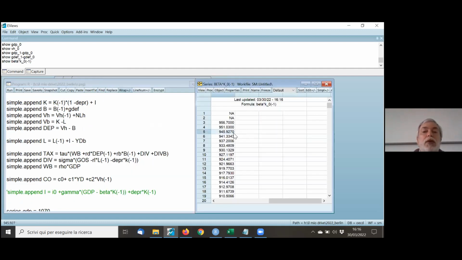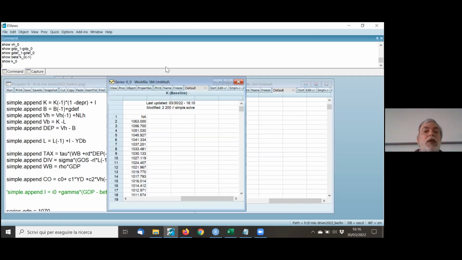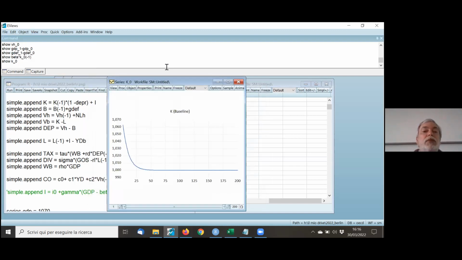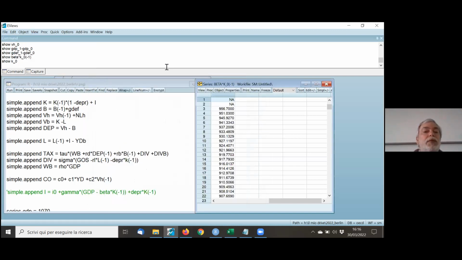I don't know why this is changing. I thought that the stock of capital was absolutely constant, but it looks like it is not. No, it is not completely constant, because it's depreciating.